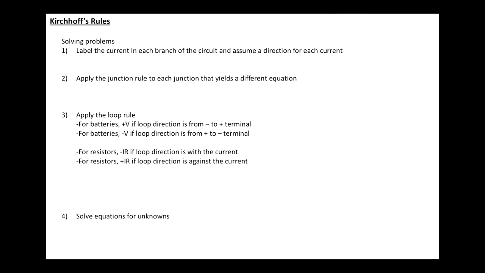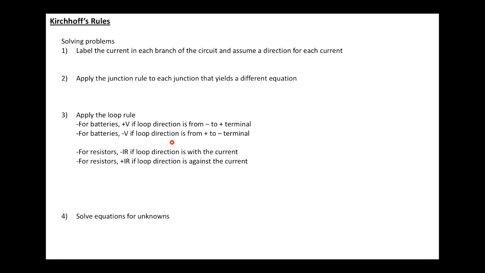If we go back over to the previous slide, number 3 is applying the loop rule. You can see we have a different rule for batteries and resistors, but really it's just thinking about the same thing, the idea of voltage drops and which way I'm analyzing the circuit. For the batteries, if my loop direction is going from negative to positive across the battery, that's the same thing as stepping up in potential or voltage, so we write in our equation a positive change in potential.